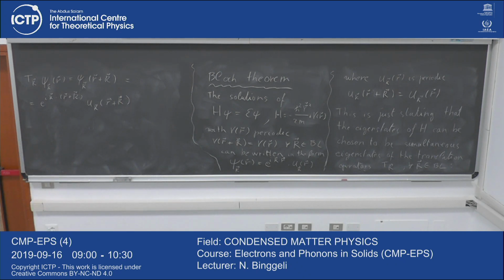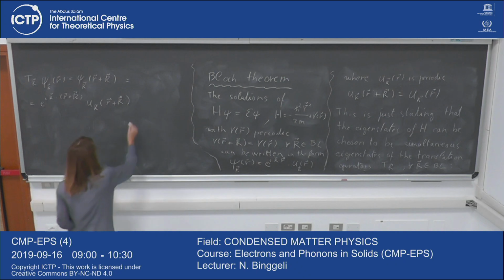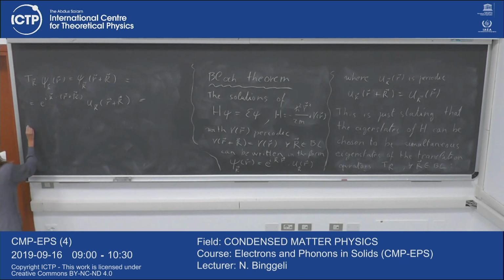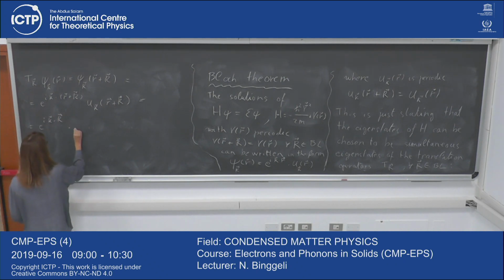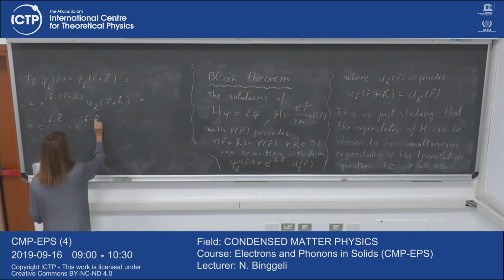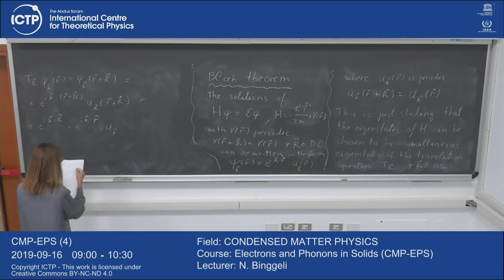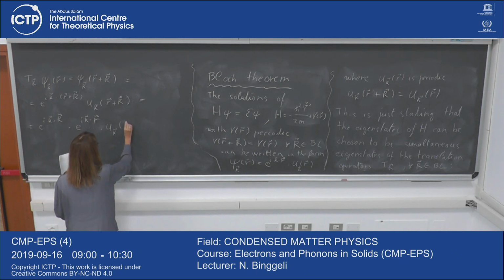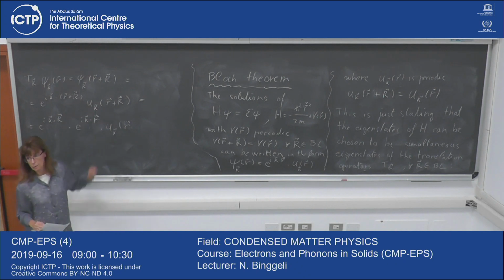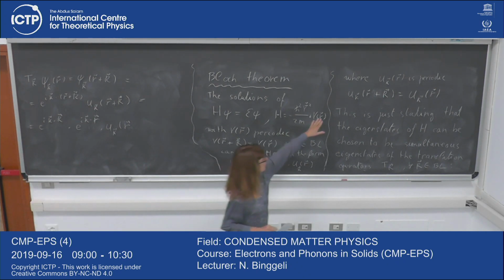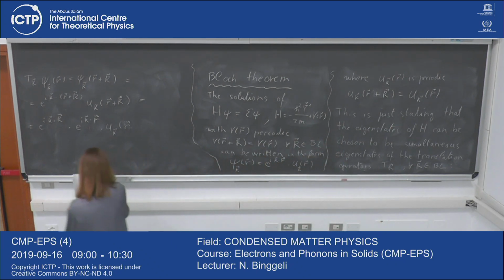Okay, this is just applying this on a Bloch state, and here I'm going to obtain exponential ik times capital R, times exponential ik small r, times uk of r plus capital R. But my uk of r are periodic, so uk of r plus capital R is equal to uk of r.